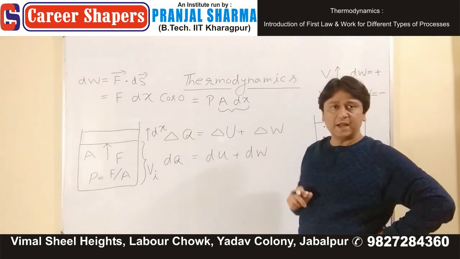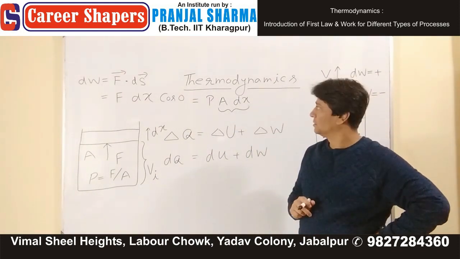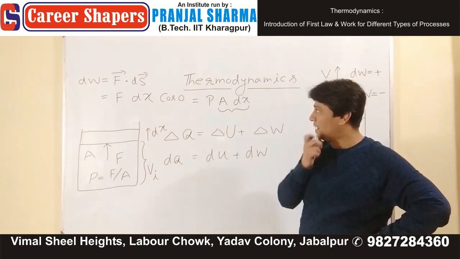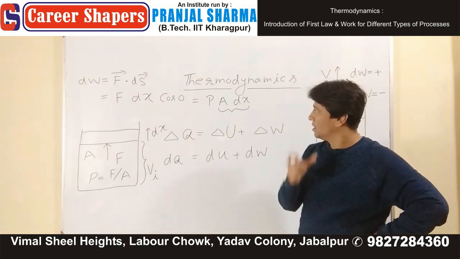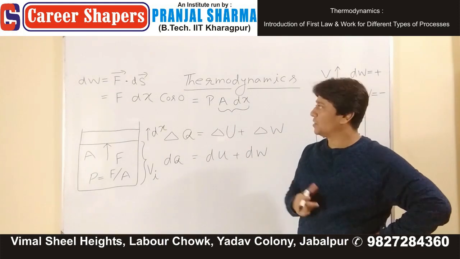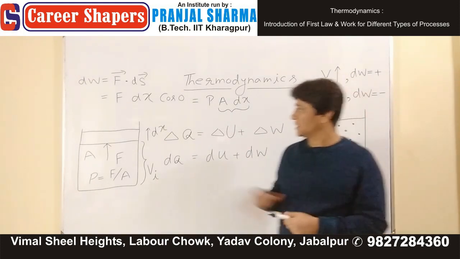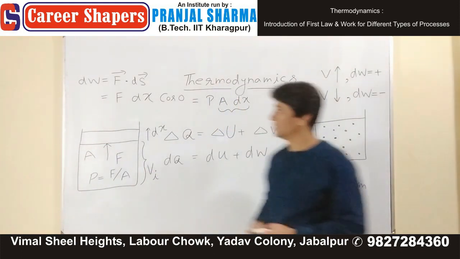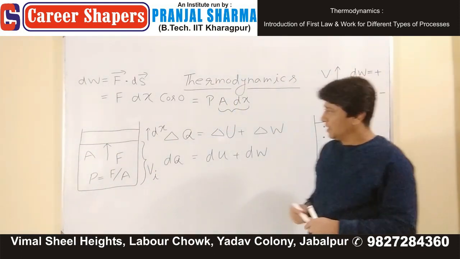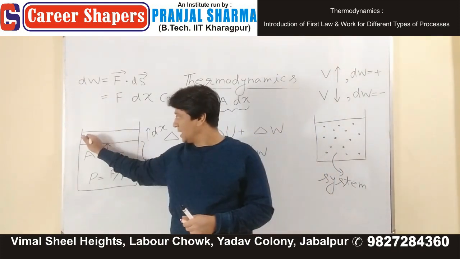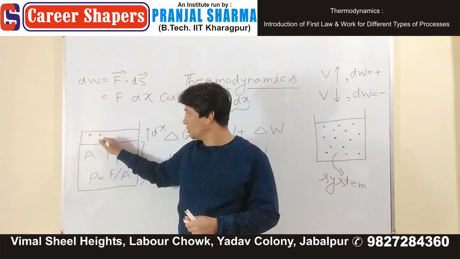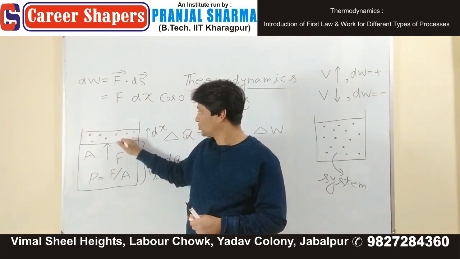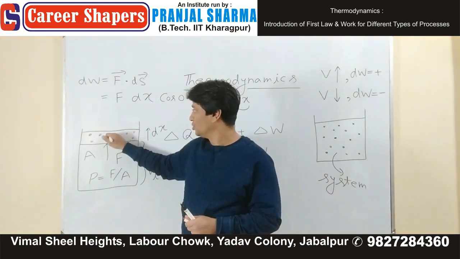You know what A dx is? Who will tell me what A dx is? Fast. What is A dx? It's a simple thing, anyone can tell. A dx means now the molecules occupy this much extra space, shown in red.